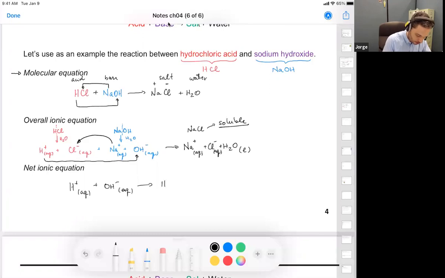And water only in the product side, nothing in the reagent side. Therefore, the net ionic equation, H plus reacting with OH minus, resulting in water. Okay, so see the progression between molecular equation, overall ionic equation, and net ionic equation.